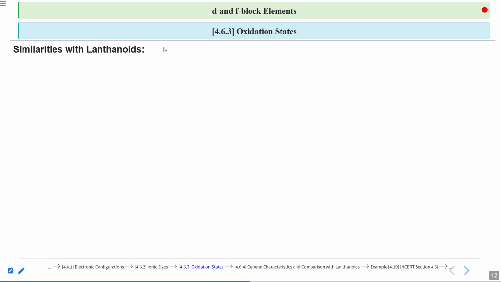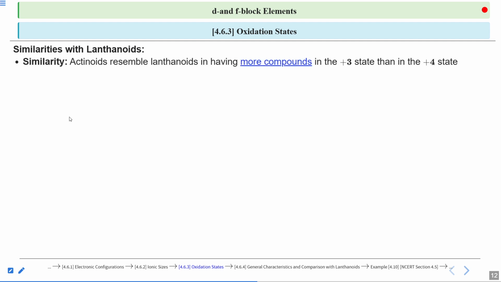Similarities with the lanthanoids. Now we observe the similarities of actinoids with the lanthanoids. Actinoids resemble lanthanoids in having more compounds in the +3 state than in the +4 state. Okay, this is common in the actinoids and lanthanoids, that actinoids also have more compounds in the +3 oxidation state than in the +4 or any other oxidation state, right?